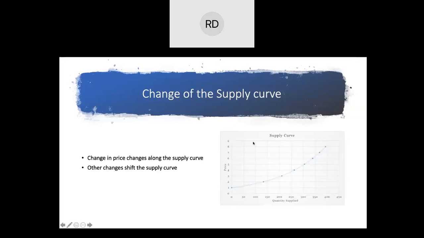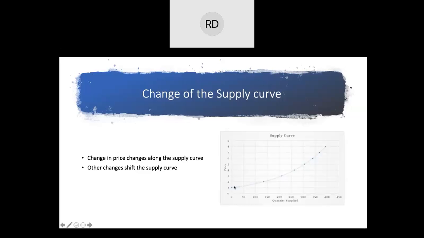Now, as we talked about last time, the demand and the changes in the demand curve, we're going to also talk about the changes that happen around the supply curve. So first, always remember that a change in price changes along the curve. All right, when there is a change in price, the curve doesn't move, the curve is the same, but we just move from one point to another on the same curve.